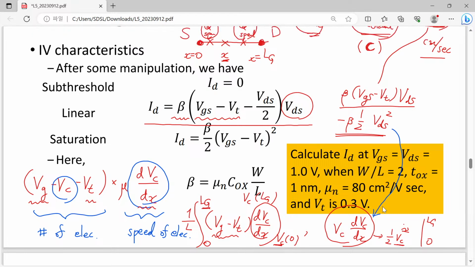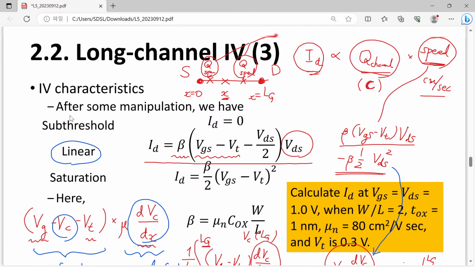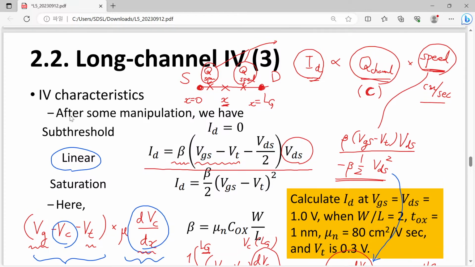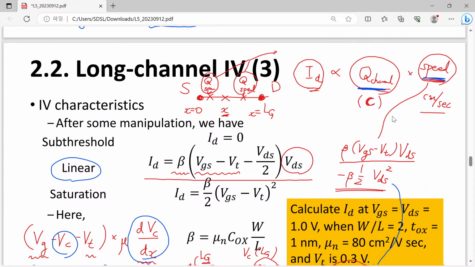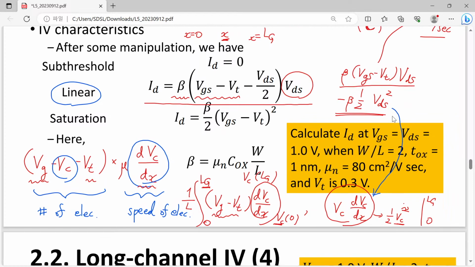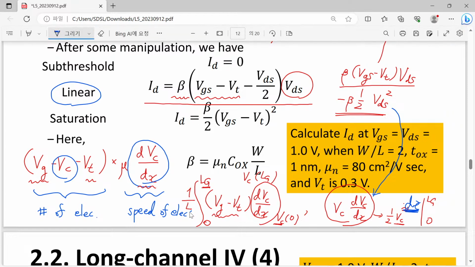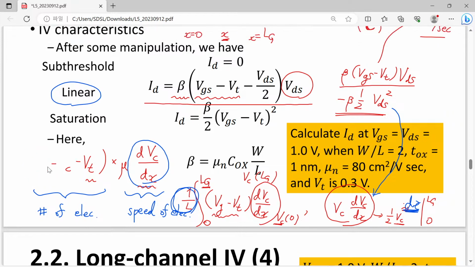So simply speaking, this linear expression was obtained by considering the product between channel charge and its speed, written in mu times electric field, and by integrating this ID component over any evaluation point like dx and taking the average by taking this LG, then you will get this linear expression for your MOSFET current.